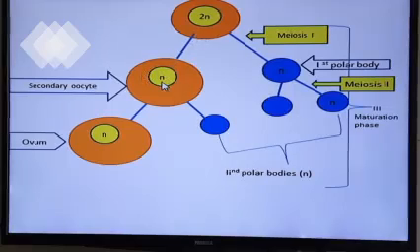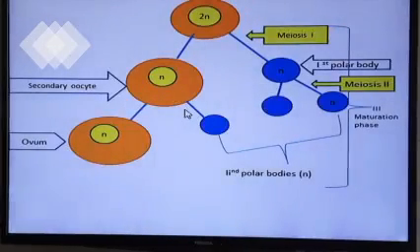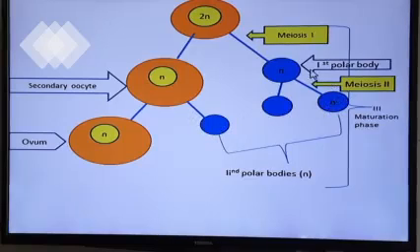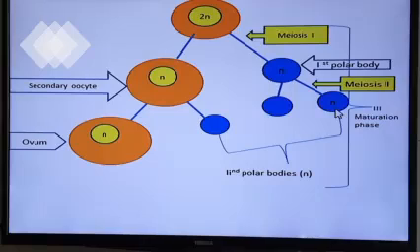Then this secondary oocyte divides and forms a second polar body. The first polar body divides into two cells, and second polar bodies form. These are the second polar bodies. They then degenerate.